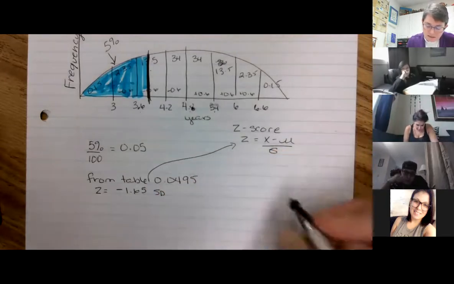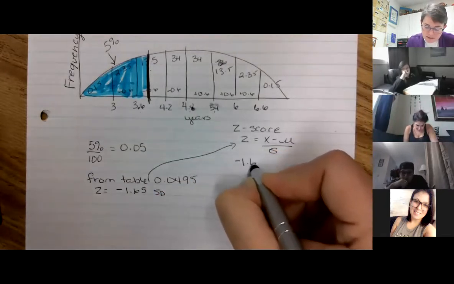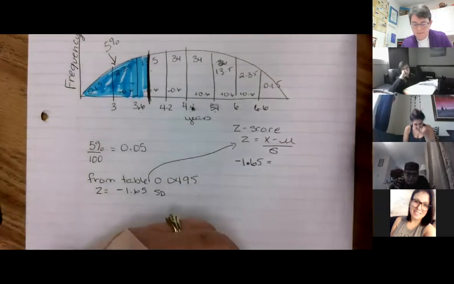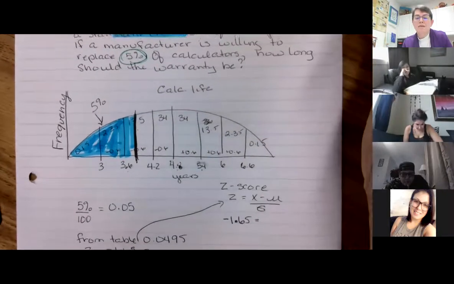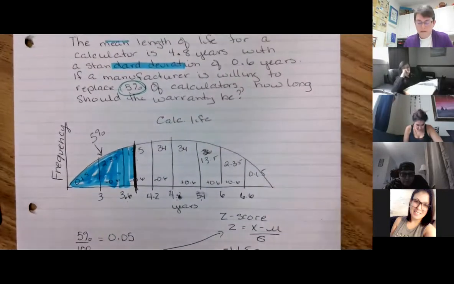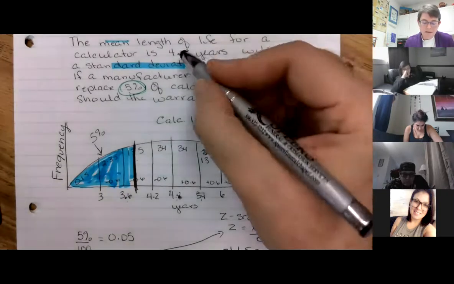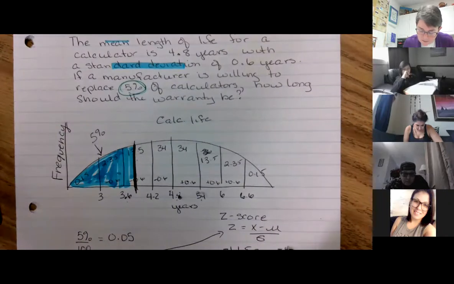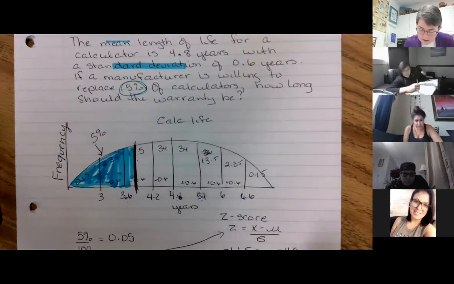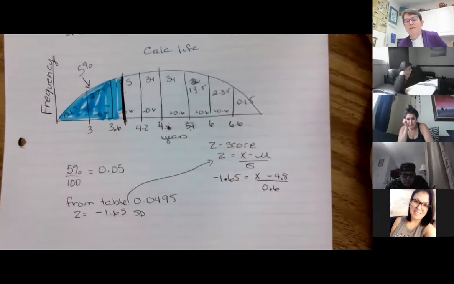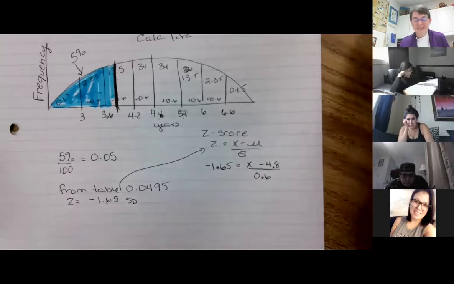We're going to plug that in: negative 1.65 is equal to... Now, if we go back to our question, we know the mu, right? The mean is 4.8. So this is X minus 4.8. And my sigma is 0.6. And then I need a variable. So that's the X, that's the year we're looking for.